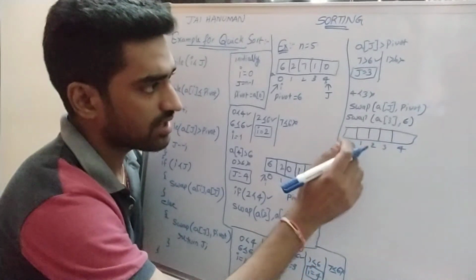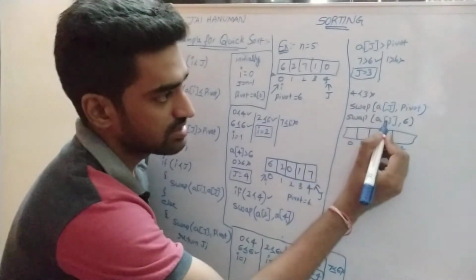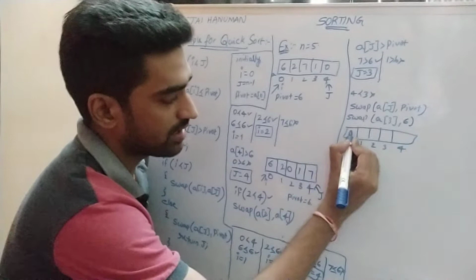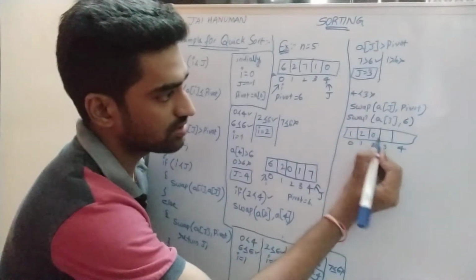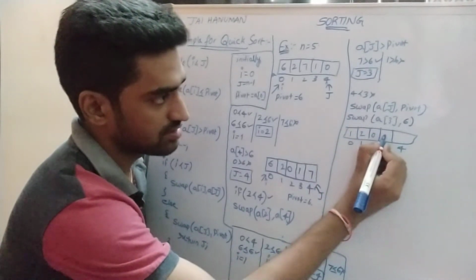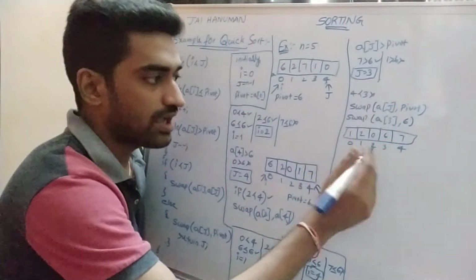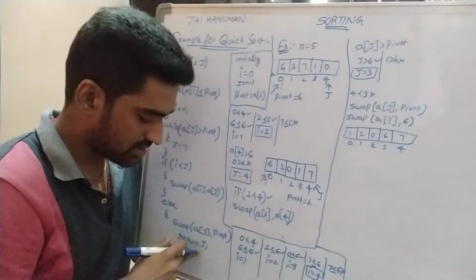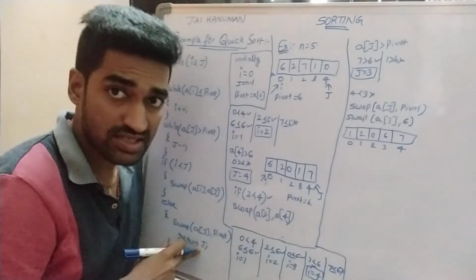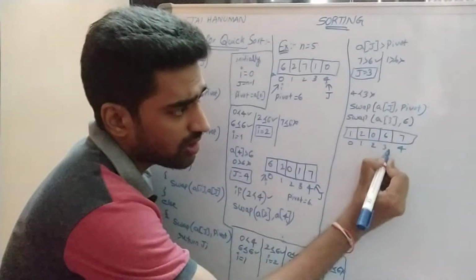Here I am swapping a of 3 with 6. What is the a of 3 value? 1, 2, 0. What is the pivot position? The third position, that is 6, 7. And return j, which means the j position is set to be the pivot position. Now the pivot points to this one.